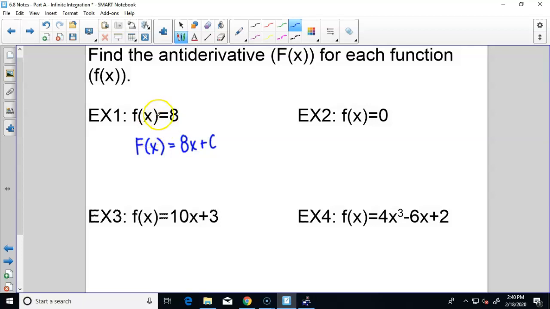All right, so 8x plus c. That looks great. Okay, what about for number 2? Very good. Capital F of x would just equal c. Wonderful. Any constant right there, you take the derivative of it, you'll get 0. Okay, what about for number 3?